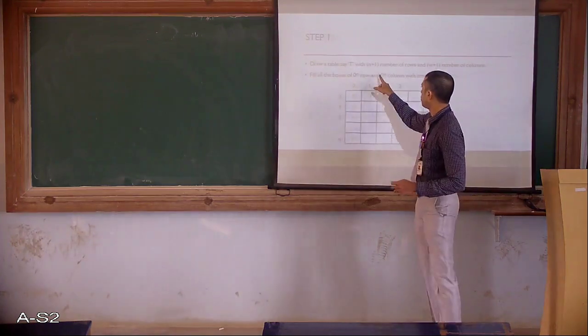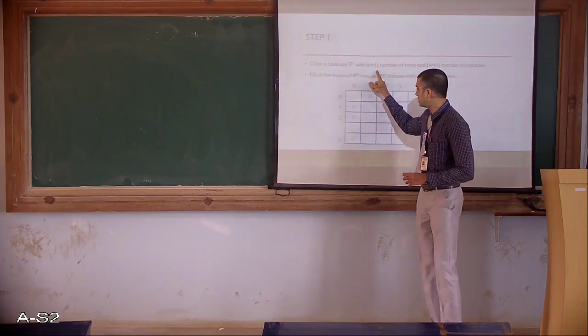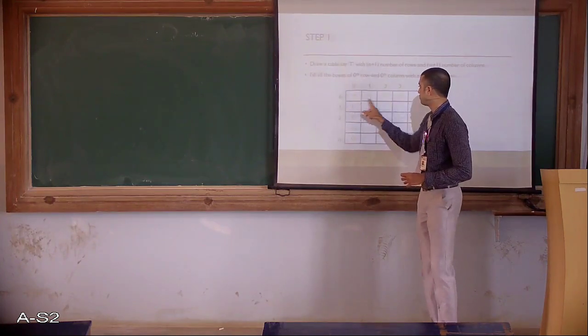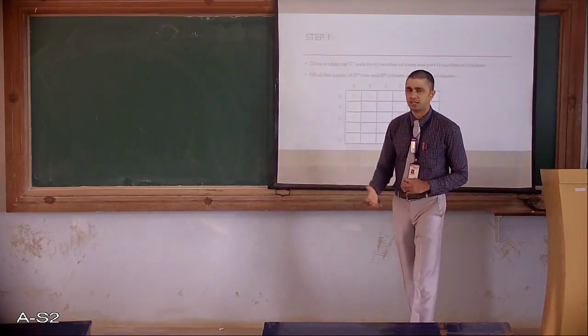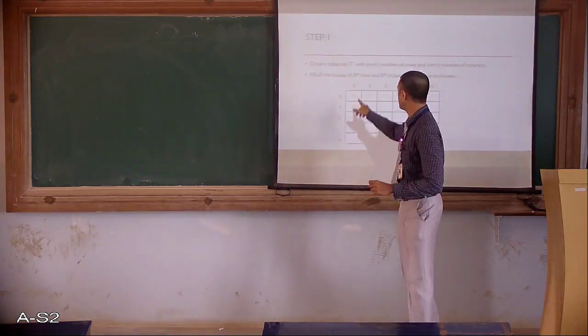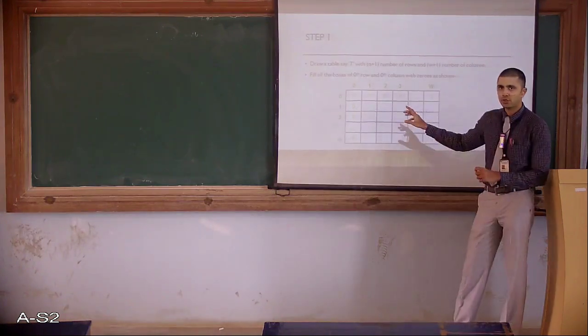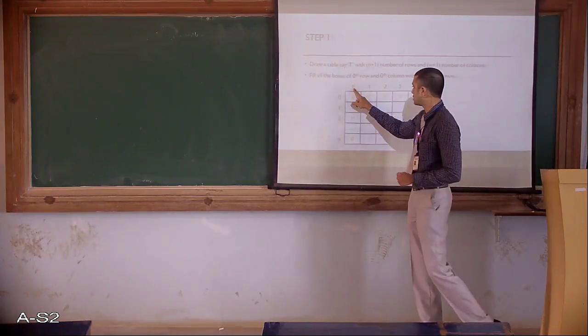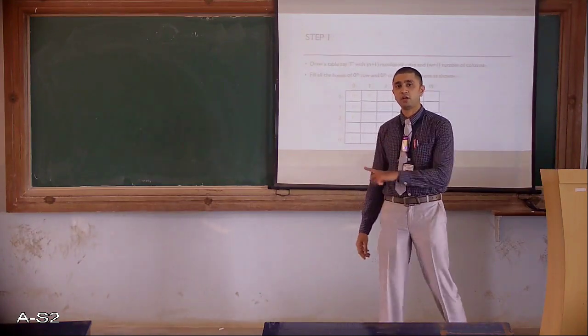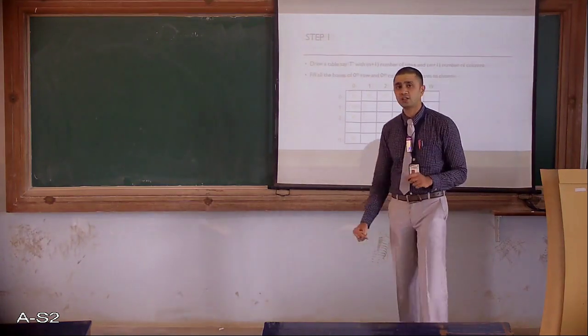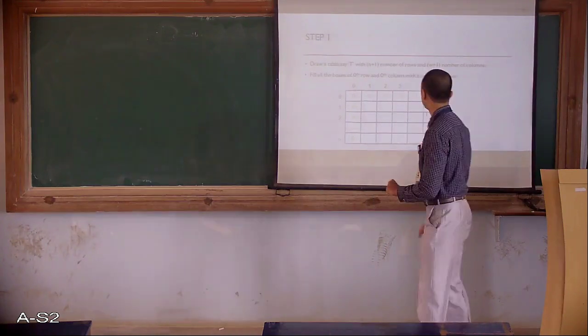Say we have 4 items, then it's going to be 4 plus 1, 5 rows, and say the knapsack capacity is 8, then it is going to be 8 plus 1, 9 columns starting with 0. So if we have 4 objects, it will be 0, 1, 2, 3, 4. If the knapsack carrying capacity is 8, then it will be 0 to 8.